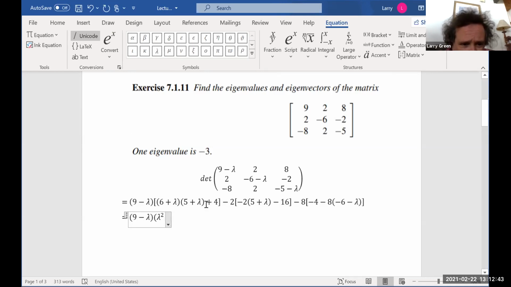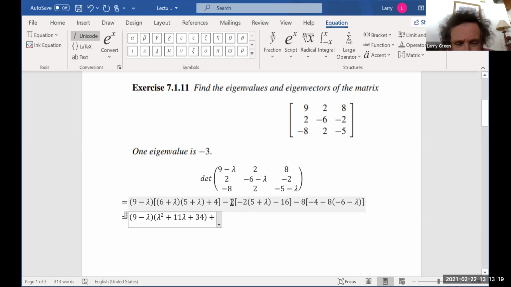And then we're going to have plus 11 lambda, because 6 and 5 is 11. And then we have a plus 30 plus 4 is plus 34. And then we have a plus, and now we have a lot of junk to work out. There's negative 2 and the other minuses, I can get rid of the minuses, make that a plus. So basically all these minuses go away in this middle term.